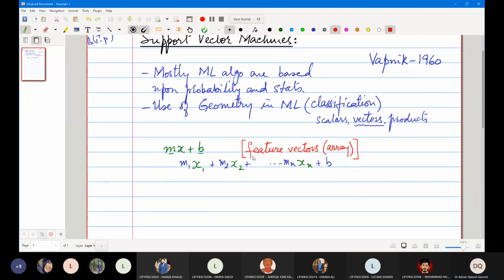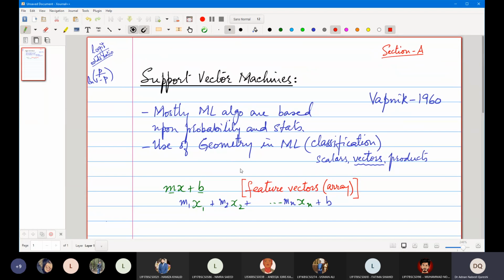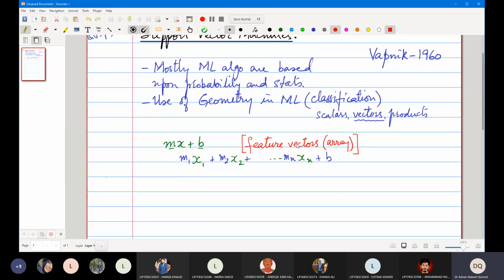In the vector form, X is the feature vector multiplied with m, which is the weight. We will take its transpose so that you get one answer, plus b.